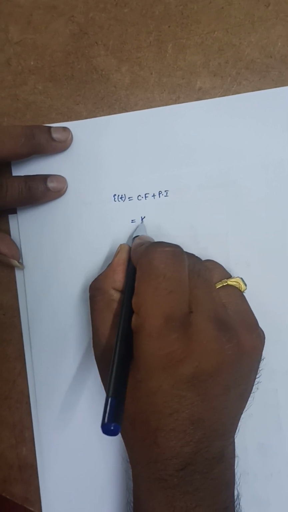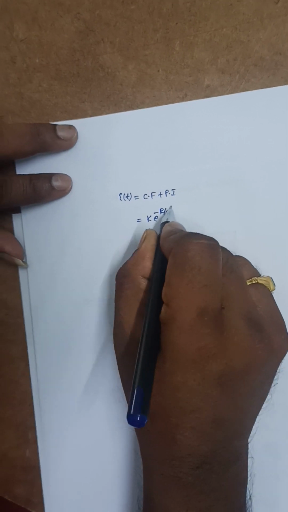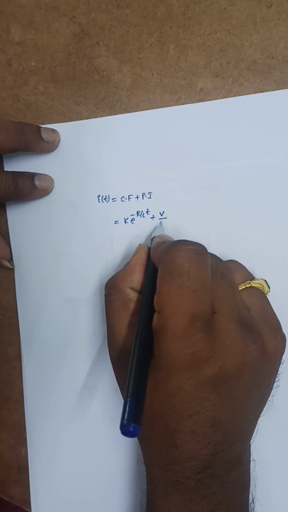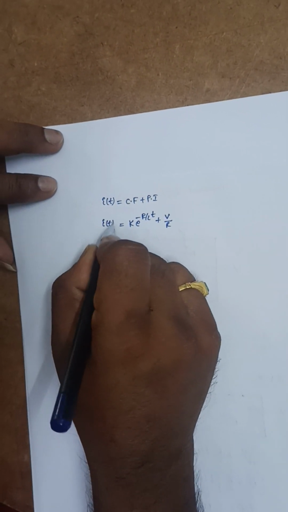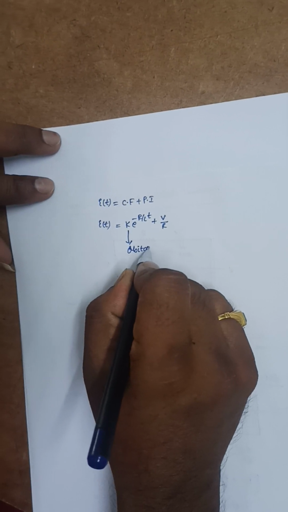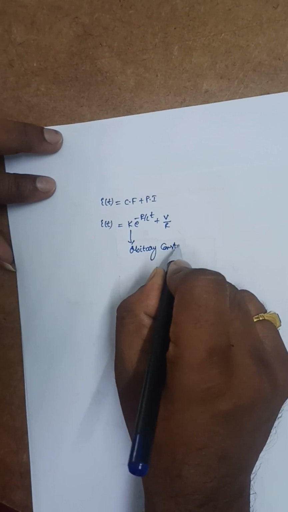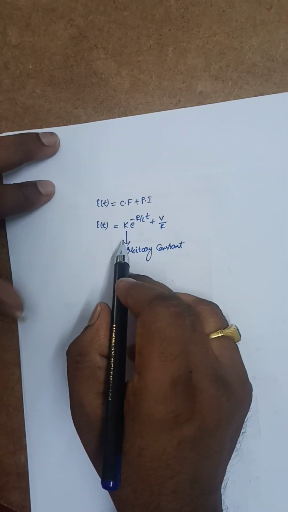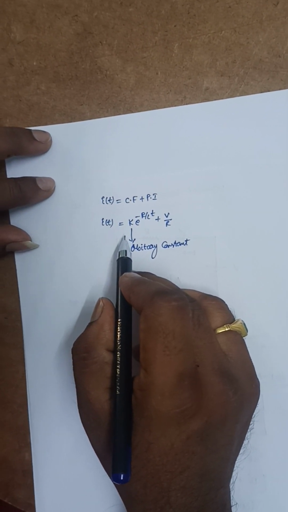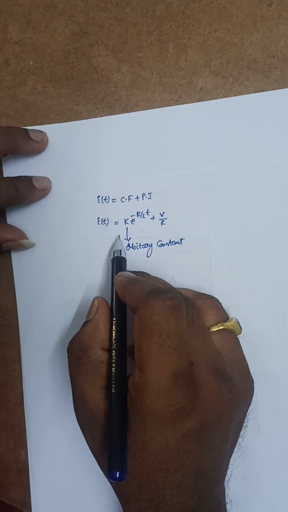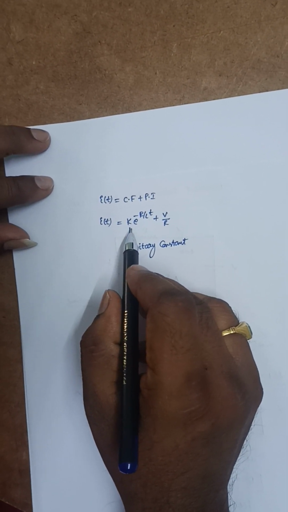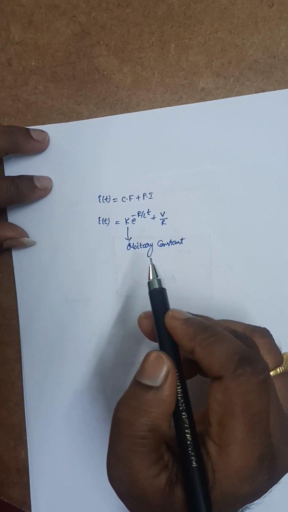Complementary function is K into e power minus R by L into t, plus particular integral here is V by R, where K is an arbitrary constant, which can be found from the initial conditions. Initial conditions means t is equal to 0. If I substitute t is equal to 0 here, then I can get the value of K.